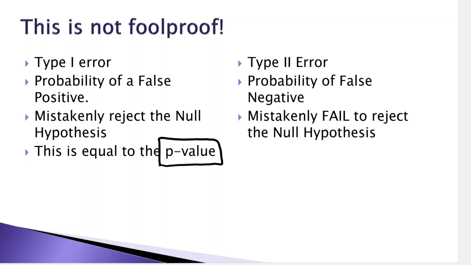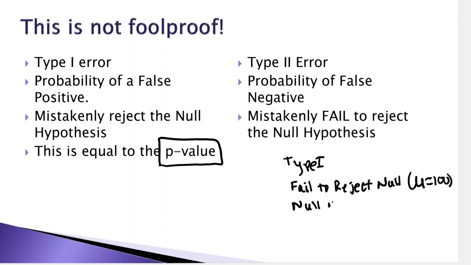Now, these are little tongue twisters. Okay, you've got a few homeworks that talk about type 1 and type 2 errors. You may have to write out steps a little bit at a time. You might have to say type 1, fail to reject null, and then you have to write mu equals 100 to keep that track in your head, but null is true.